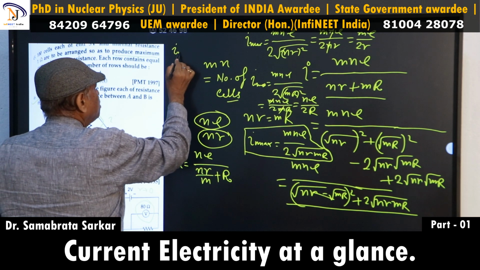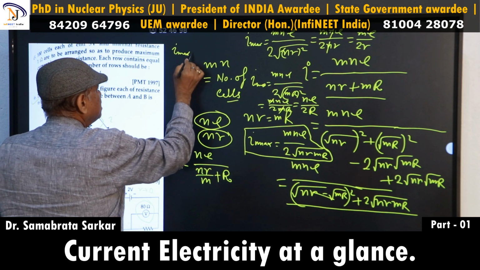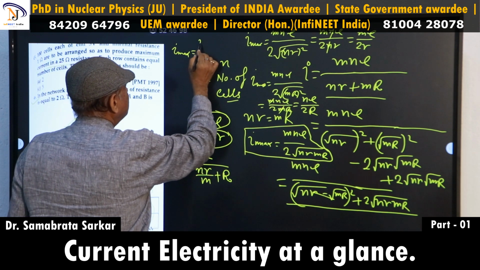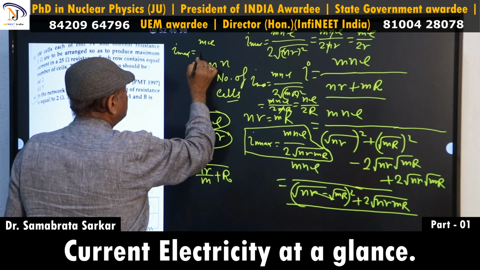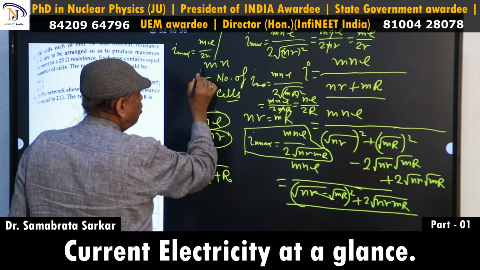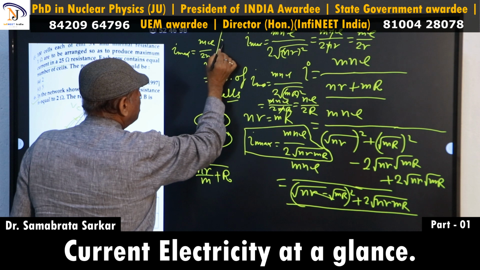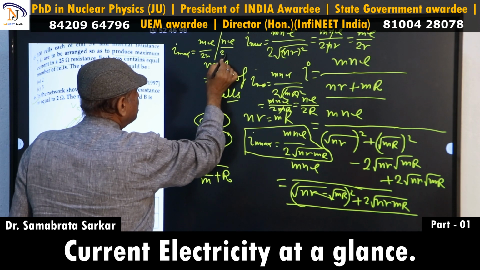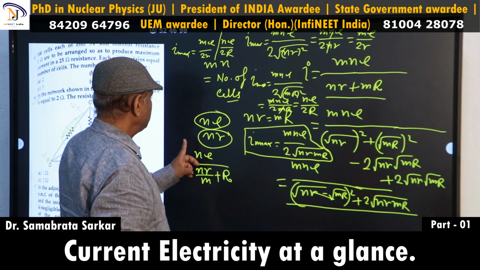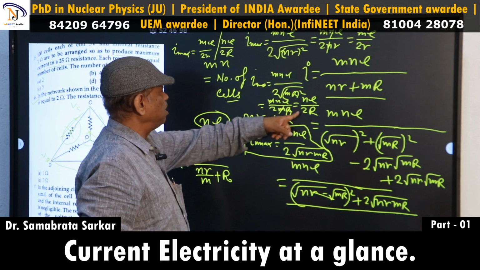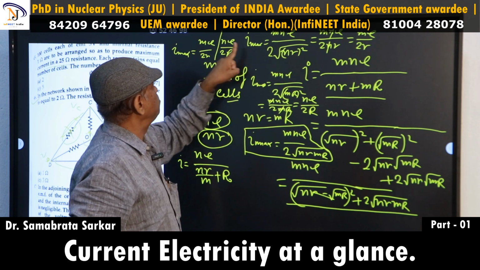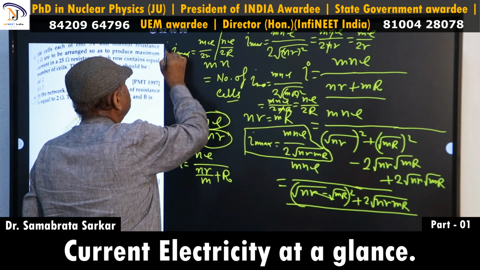So what is the maximum current? I max equals either ME by twice R or NE by twice capital R. This is a very important addition.